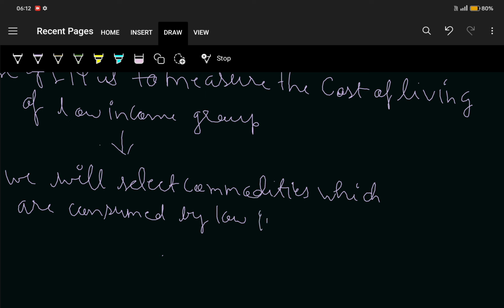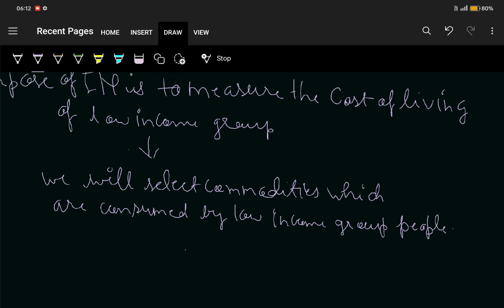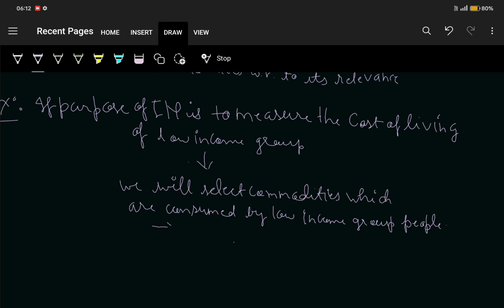So for example, pulses, wheat, rice, these are commodities consumed by low income group people.